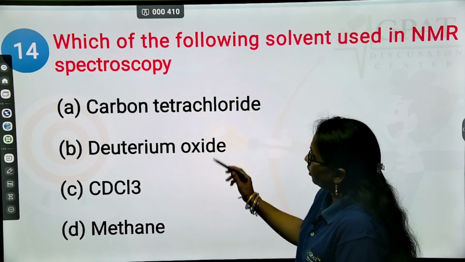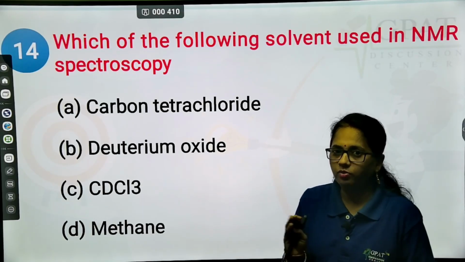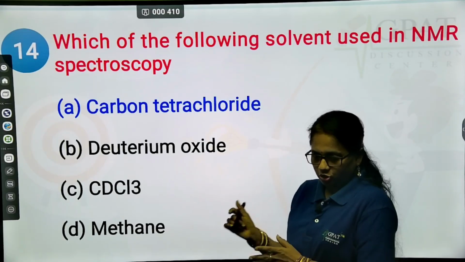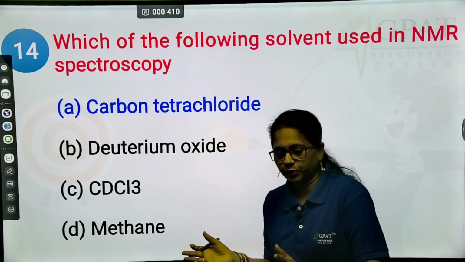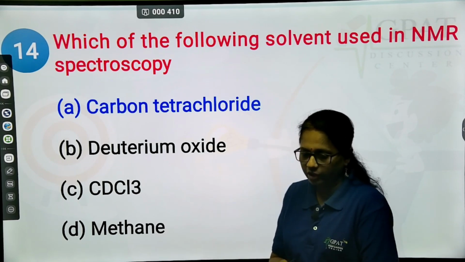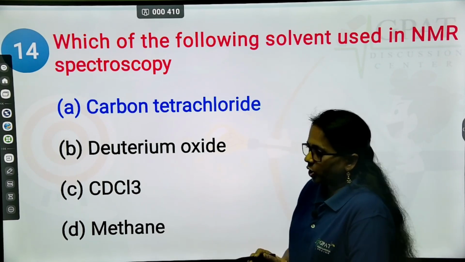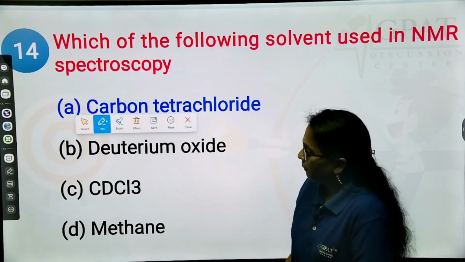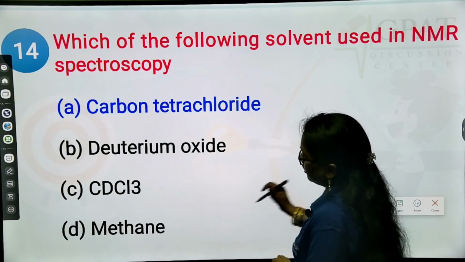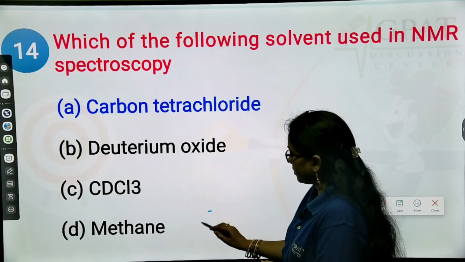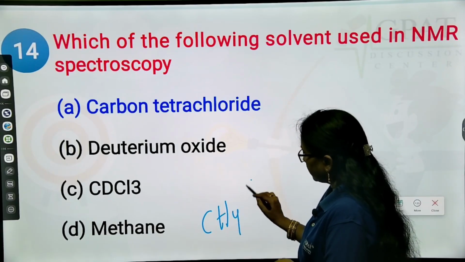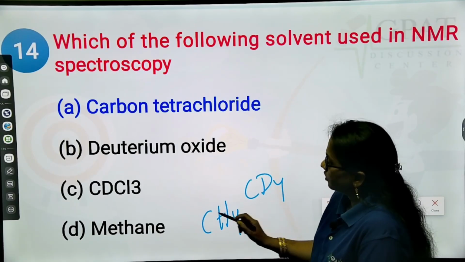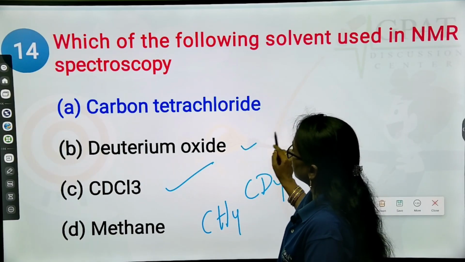The solvent should be inert in nature and should not react with any type of compound. Deuterium oxide, D2O, is generally a preferred one, and CDCl3 is also a solvent. Methane means CH4; CD4, deuterated methane, is also used. So this is also a right option.